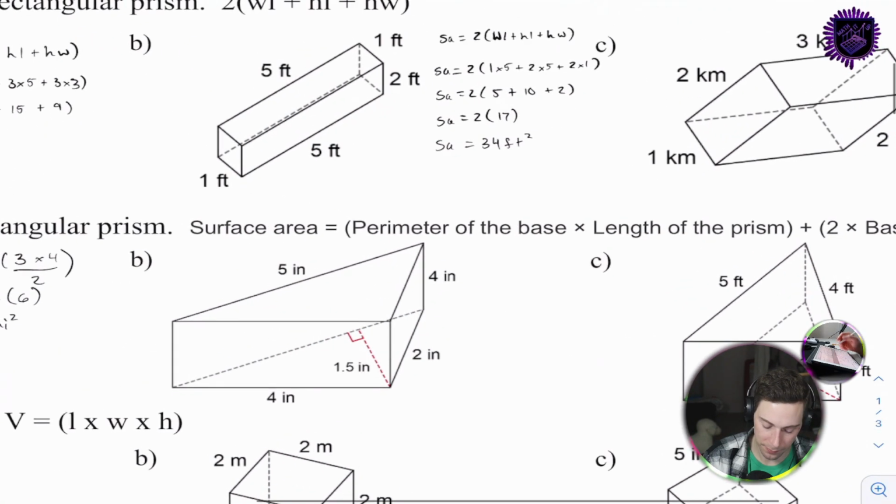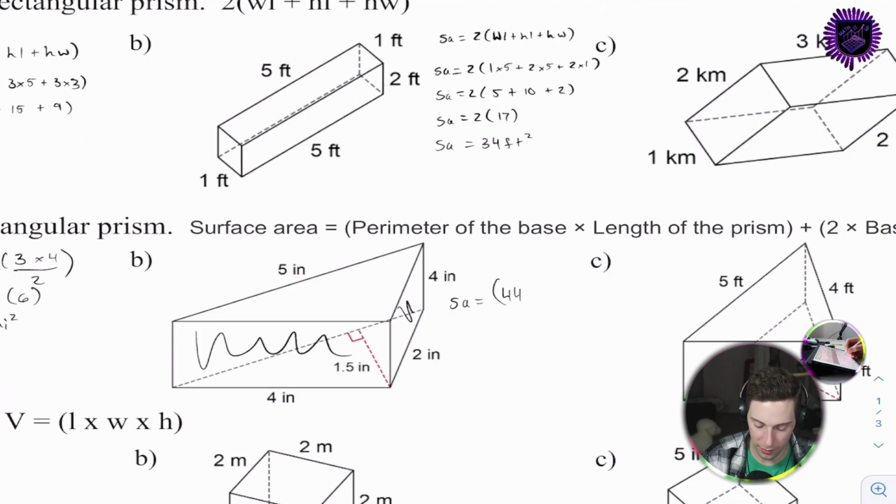Next one. Perimeter is 4, 2, 5. 4, 2, 5. 6, 11. Surface area is going to be equal to 11 times 4 is 44, our perimeter and length. So 44 is the area here, all of this.